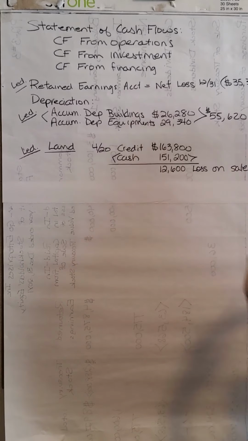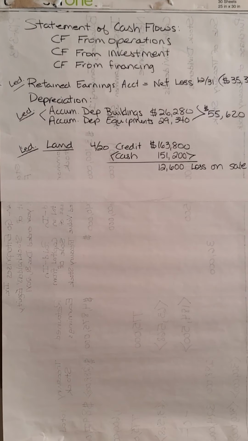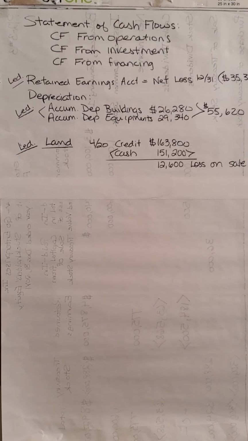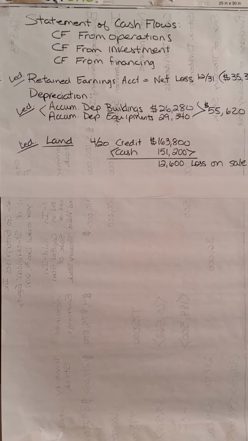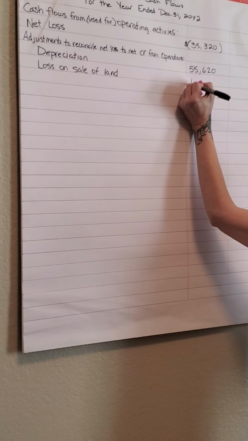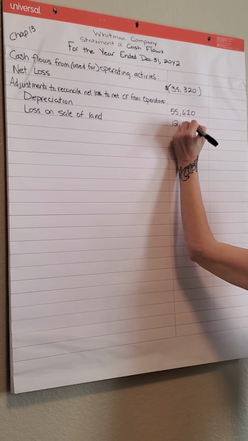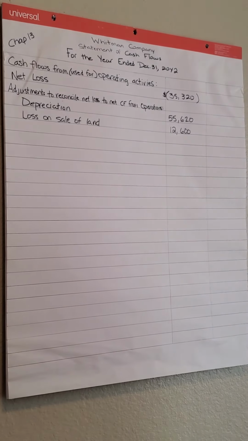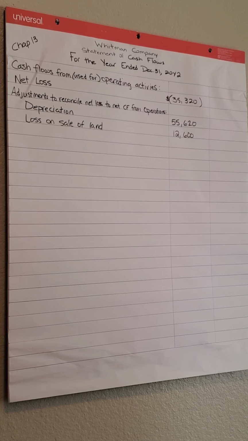So this is on the statement of cash flows, where you kind of have to do some detective work. This is a non-cash loss, so this $12,600 is going to be added back. We're going to take $12,600 and add that in to our loss on the sale of land.